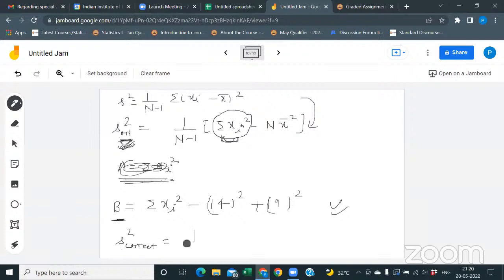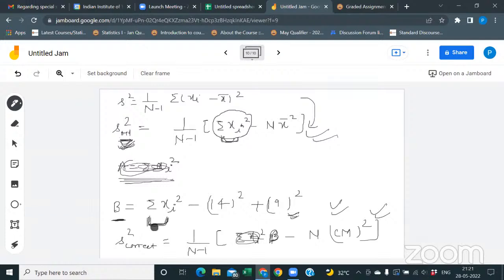For calculating the corrected s square, what should it be? It should be 1 upon n minus 1 times summation of xi square corrected, that means I'm writing it as B minus n times the corrected mean square, by this formula. B will be written like this. Now you have to calculate this value also, right?